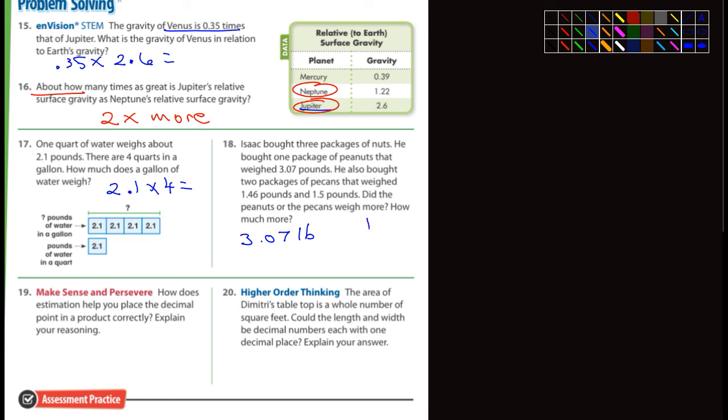It's 1.46 and we're adding 1.5. I can put a 0 there, just kind of a placeholder. Then you're going to get an answer and you're going to compare it to the weight of the peanuts, because it says, did the pecans or peanuts weigh more? That's what they're asking you here. And then it says, how much more? So you're going to have to subtract one from the other. All right?